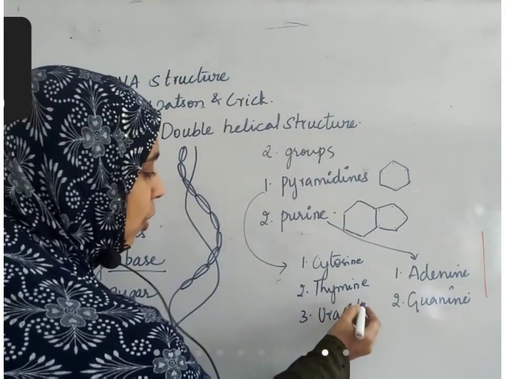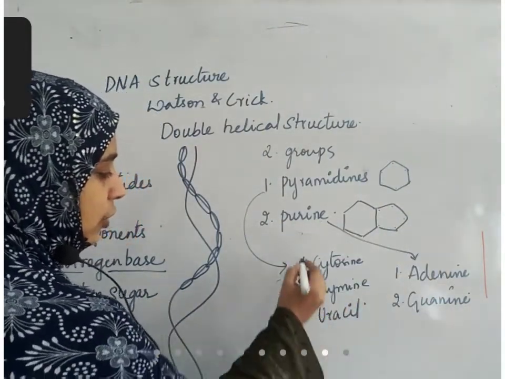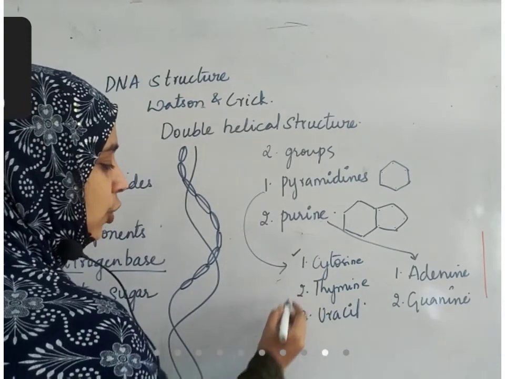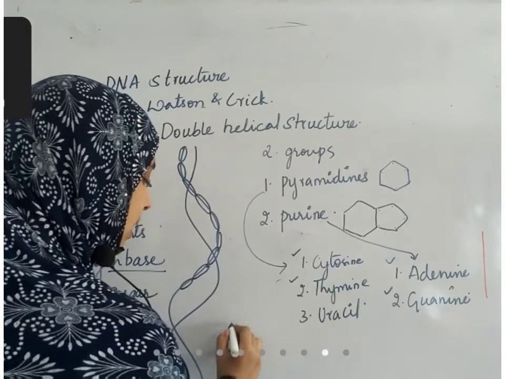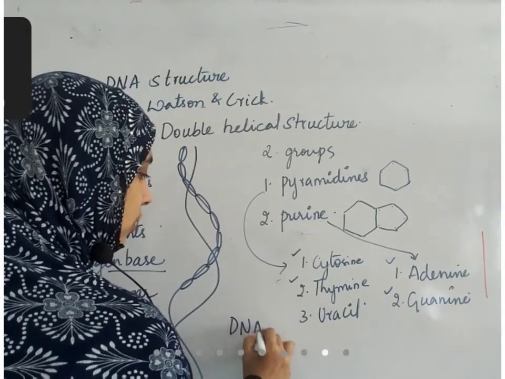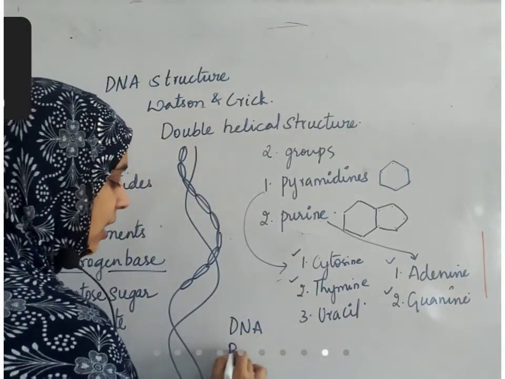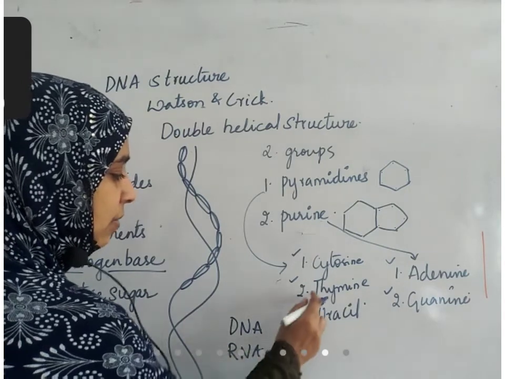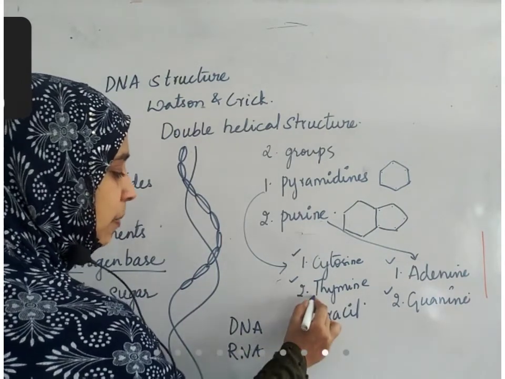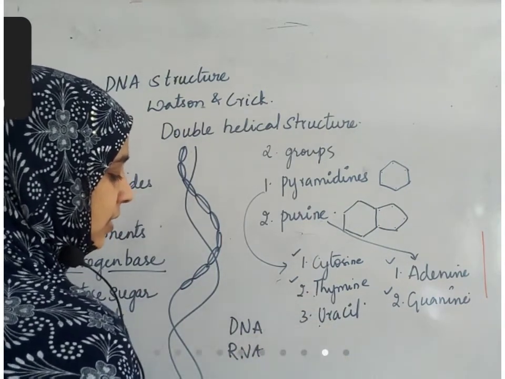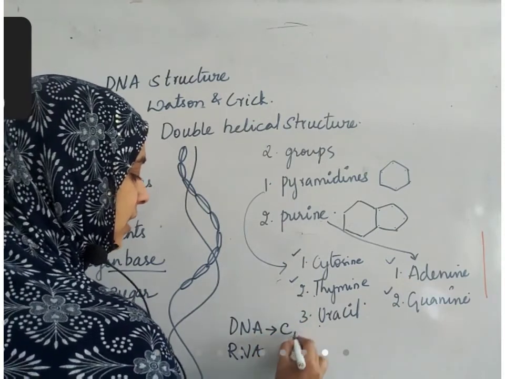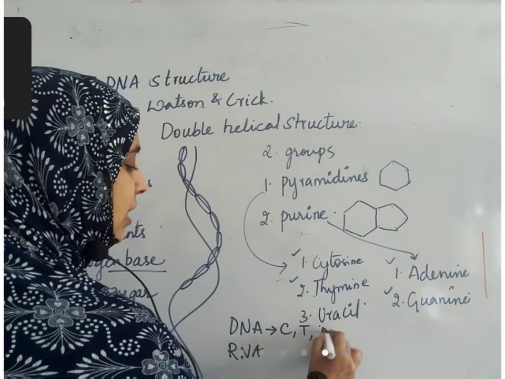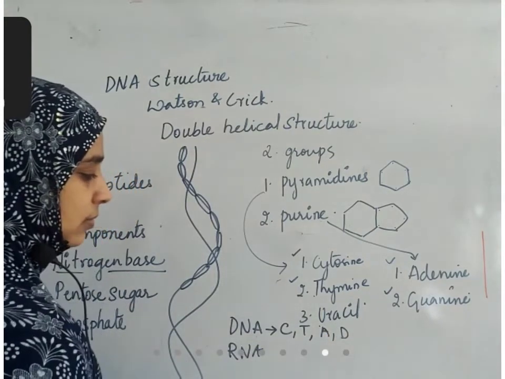Among these, you can find cytosine, thymine, adenine, guanine in a DNA molecule. In an RNA molecule, thymine is not present. In place of thymine, uracil is present. So in DNA molecules, you can find thymine, cytosine, adenine, guanine.